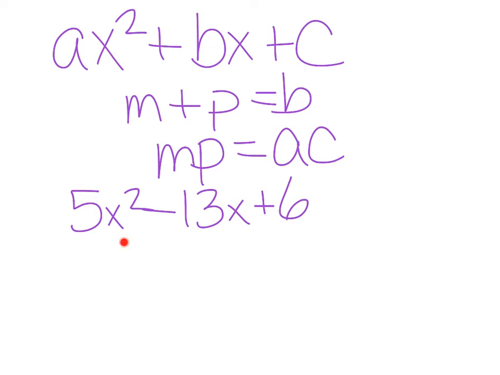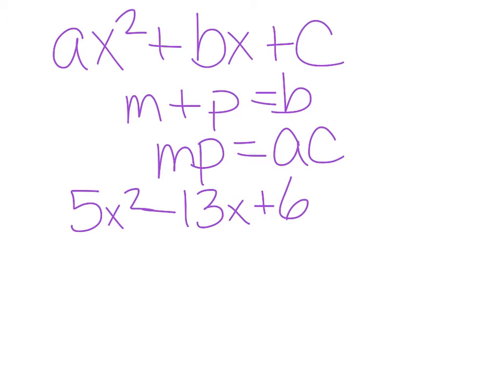Now, here's our example: 5x squared minus 13x plus 6. Just like before, this is negative and that's positive. That means both of our items down here need to be negative.